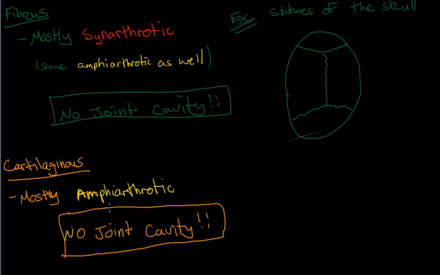But a good example of a cartilaginous joint would be between your vertebrae. So I'm just going to draw the body of the vertebrae here. Let's see if I can do this. This is going to be anterior.